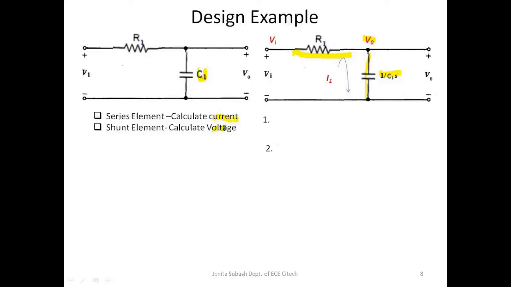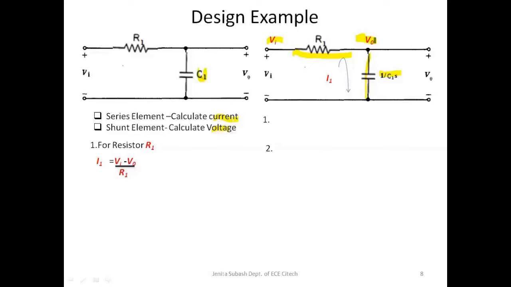So having these key points in mind, let's use Ohm's law and write the expressions. For resistor R1, as it is a series element, we have to calculate the current flowing through it. By Ohm's law, V is equal to IR, and I is equal to V by R, and the resistor R1 is between Vi and V0.